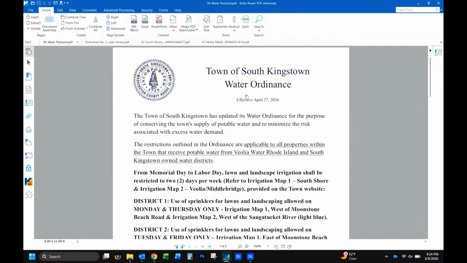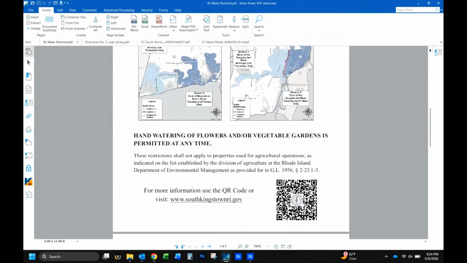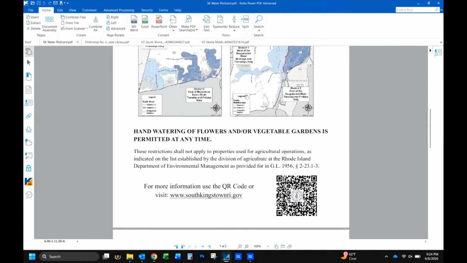There's approximately 3,000 of these flyers that went out. We updated our website to include a lot of information about the ordinance. There's a link on the card to that website where people can find out even more information.